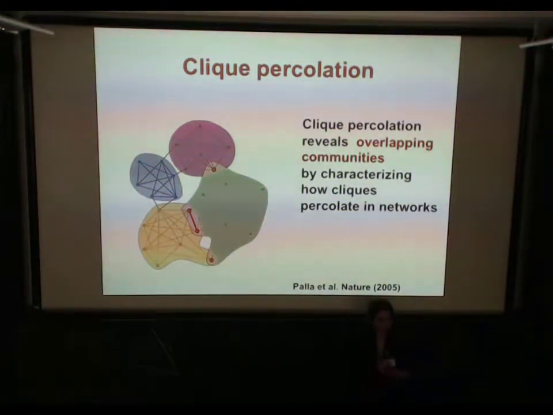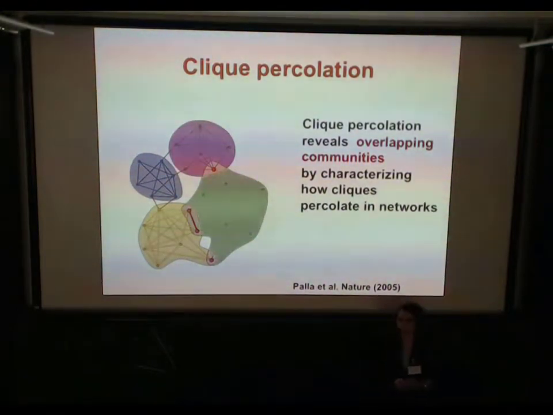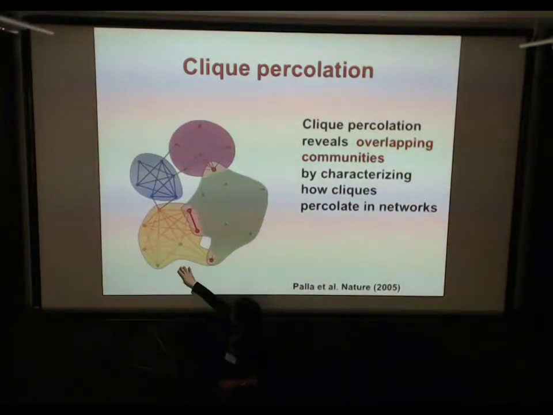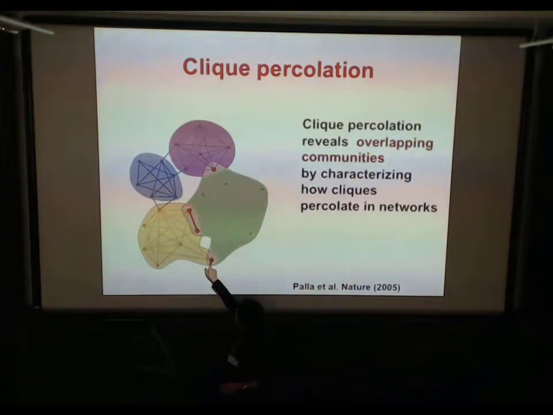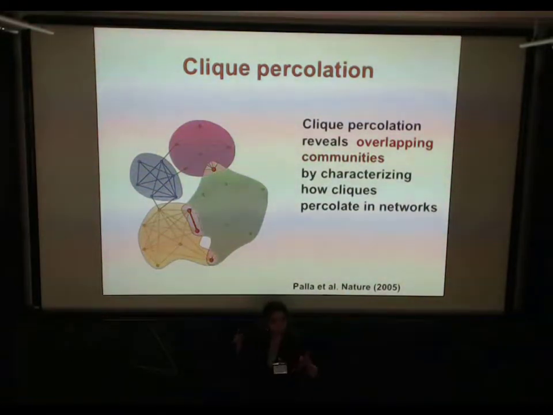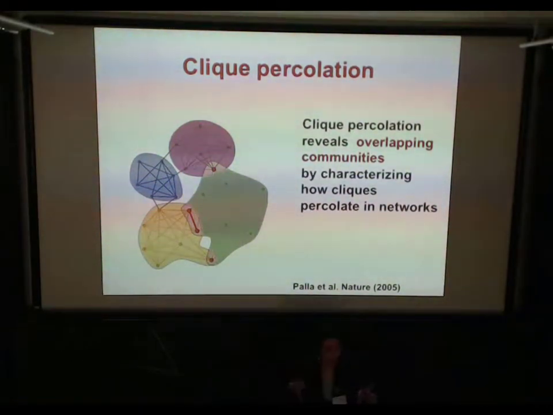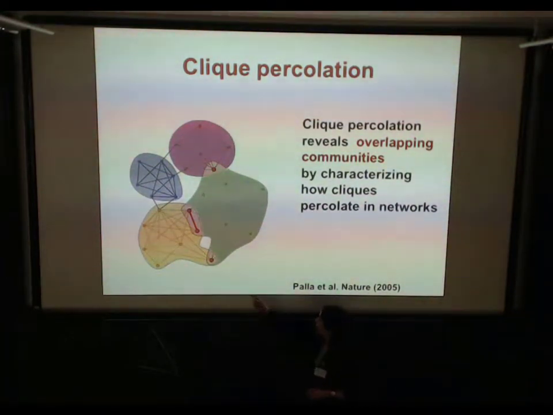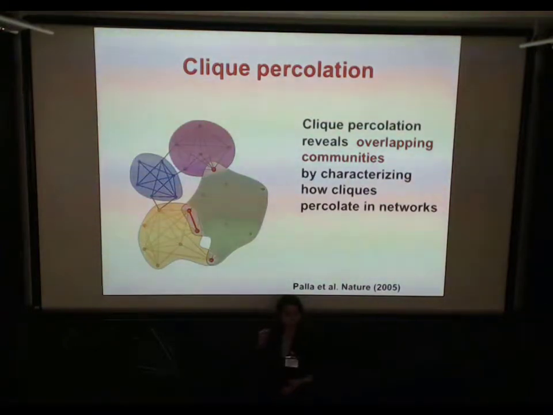And as you roll this clique, you find a percolating cluster. In this way, you can find this clique percolation cluster in which some nodes can belong to different communities. And this is a good method to determine communities in a network, and in particular overlapping communities, when one node can belong to different communities.